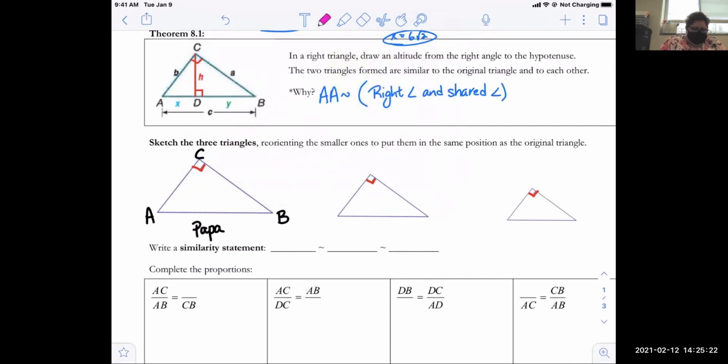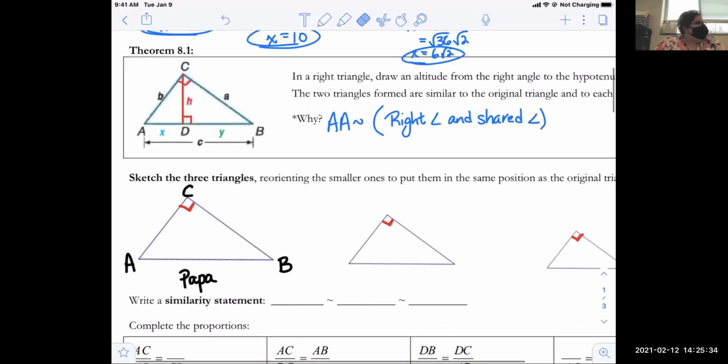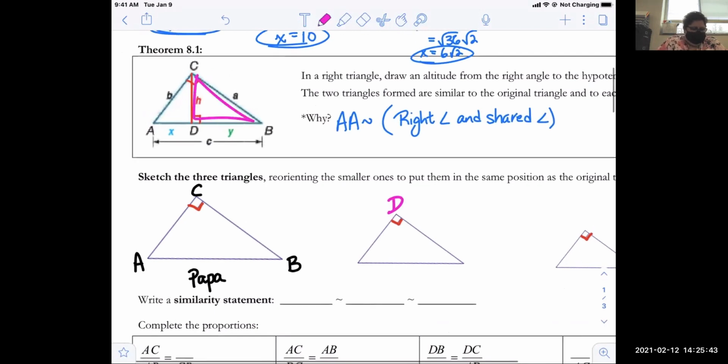I need to figure out what those vertices should be. How do you know where to put the vertices? Well, in Mama Triangle, which vertex is the right angle? Charlie? D. Okay, and then how will I know? So Mama Triangle has D, B, and C as its vertices. How will I know where to put B and where to put C?